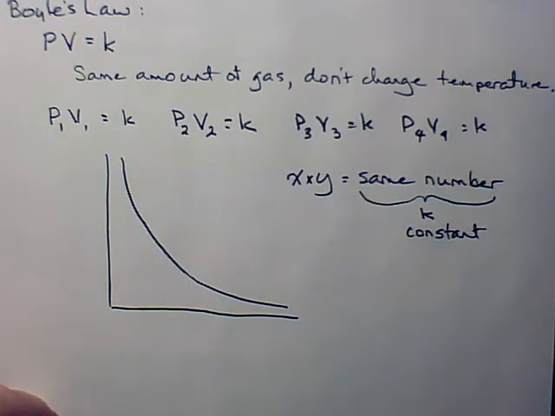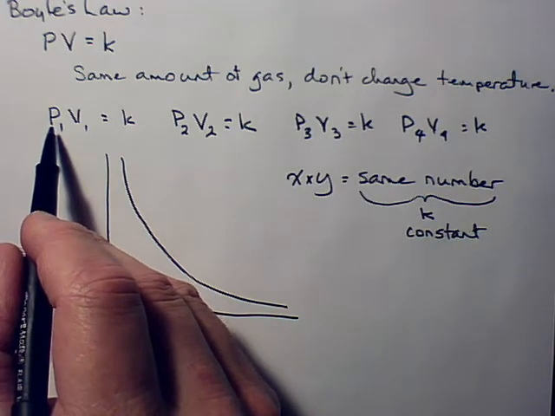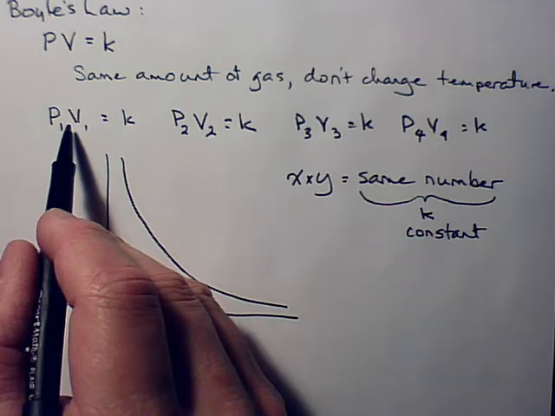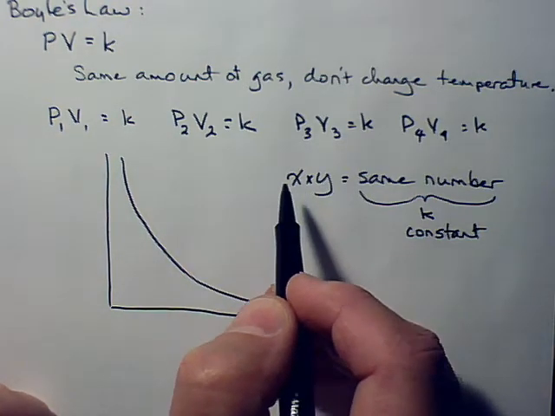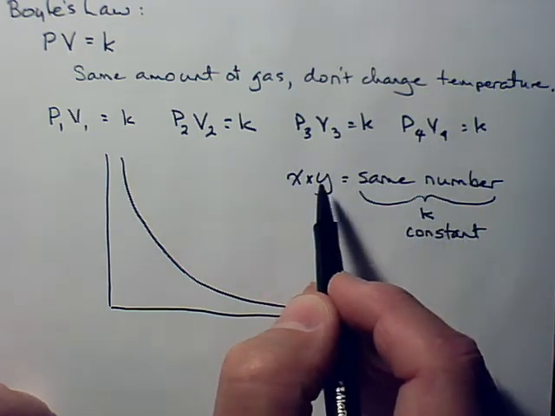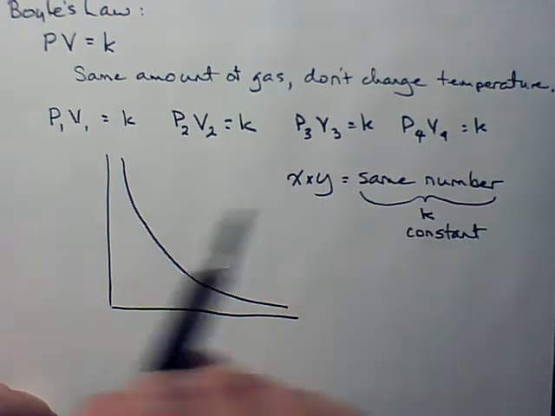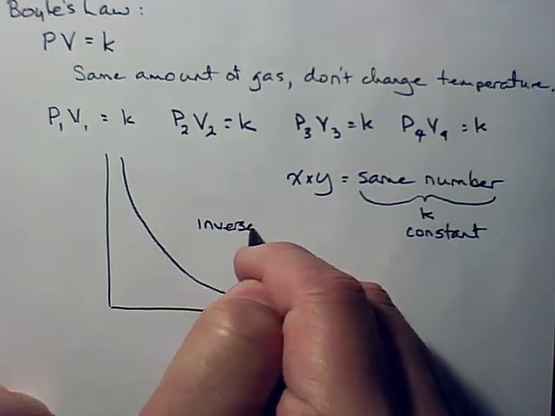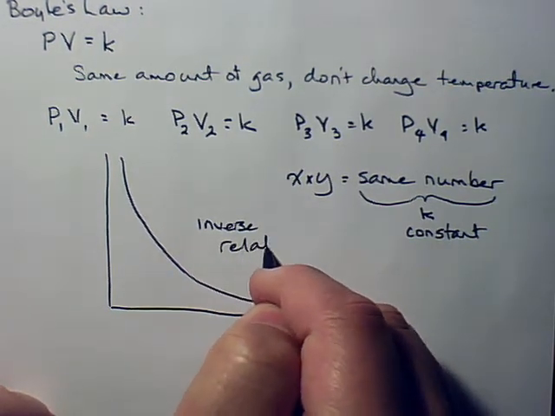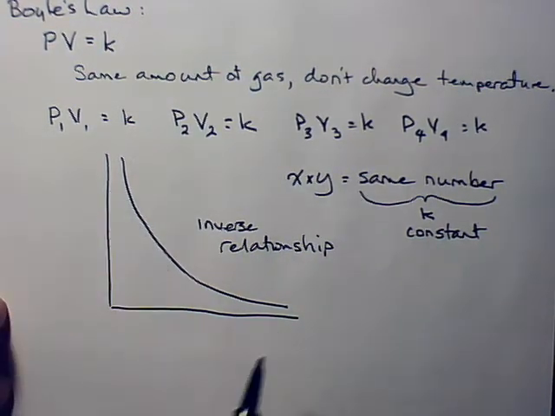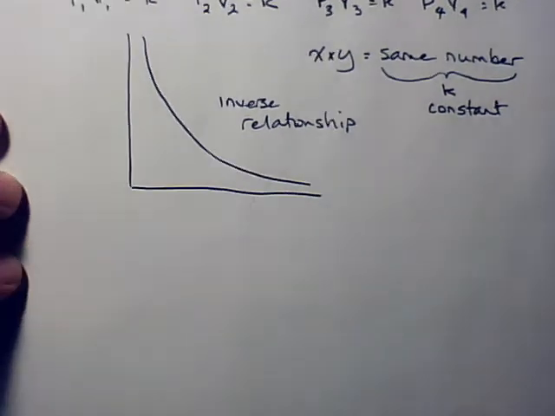In this case, x is P and y is V. But any relationship between two variables where you multiply them together, change x, y also changes, and you always get the same number, that pattern is called an inverse relationship.